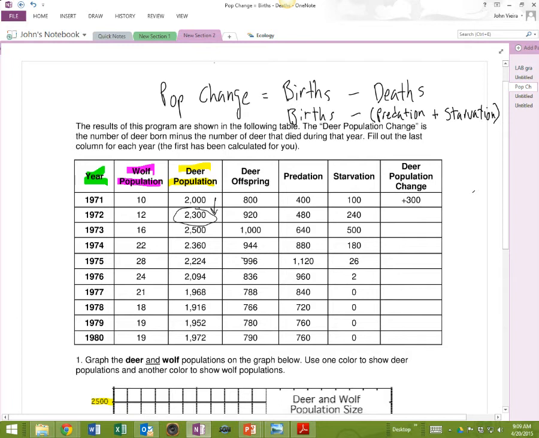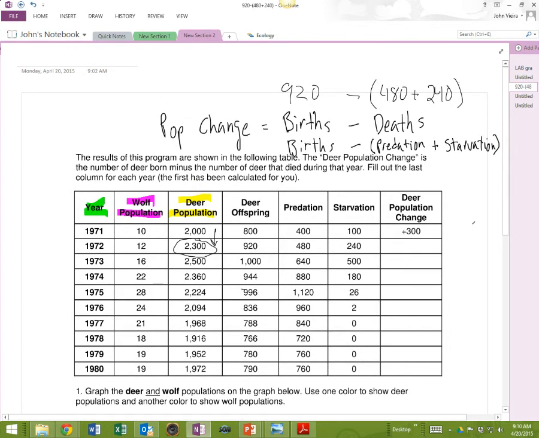So it would be 920 were born, but 480 died from wolves. Okay, and 240 died, right, from starvation. So what's 480 plus 240, class? 720, thank you.